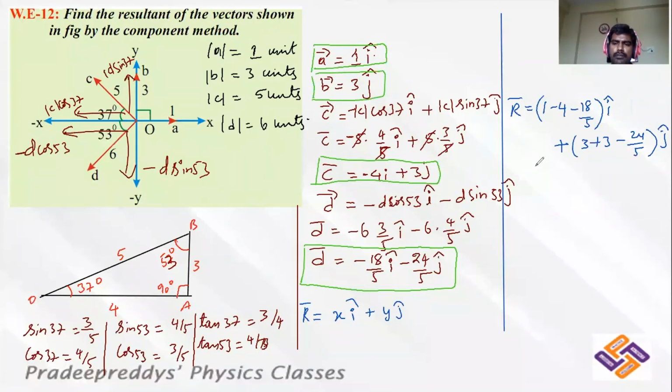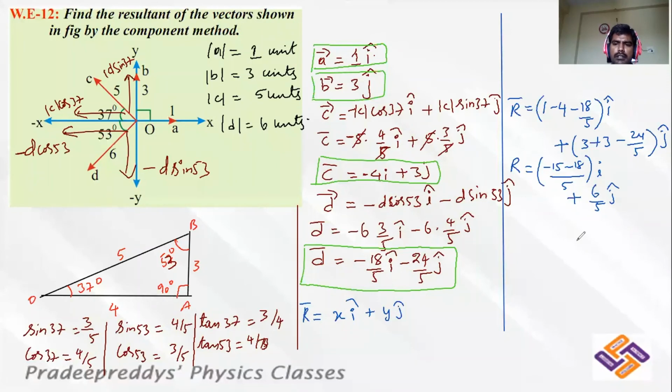So if you still want to resolve it, 1 minus 4 is minus 3. 5 times 3 is 15. Minus 15 minus 18 divided by 5 i cap, plus the remaining is 3 plus 3 is 6. 5 times 6 is 30. 30 minus 24 is 6 by 5 j cap.